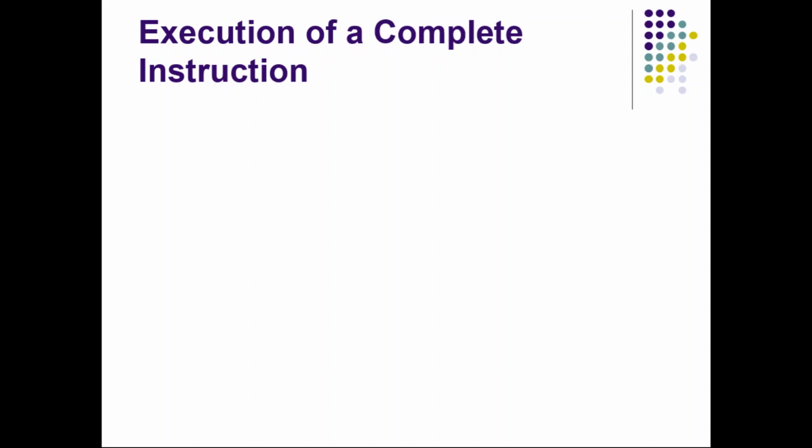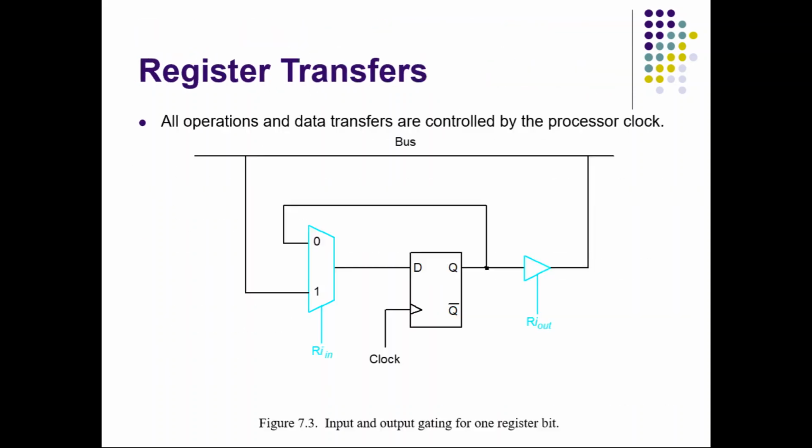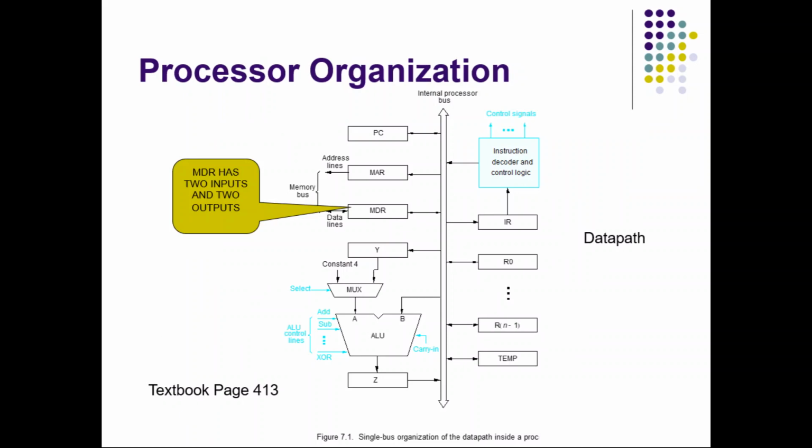So for the first two things, that is execution of a complete instruction and execution of the branch instruction, we will assume that the processor or the CPU has only a single bus architecture, which we have already discussed. So this architecture we will consider.